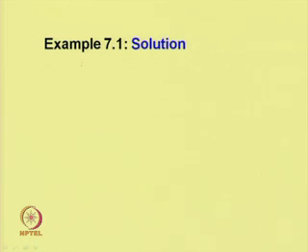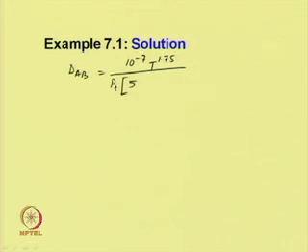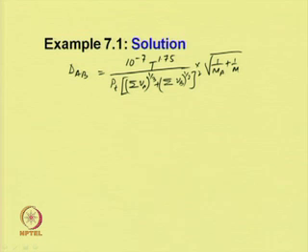We know that the diffusivity D_AB will be equal to 10 to the power minus 7 T to the power 1.75, divided by P_T, into the summation over V_A to the power 1/3 plus the summation over V_B to the power 1/3, whole square, and into root over 1 by M_A plus 1 by M_B.